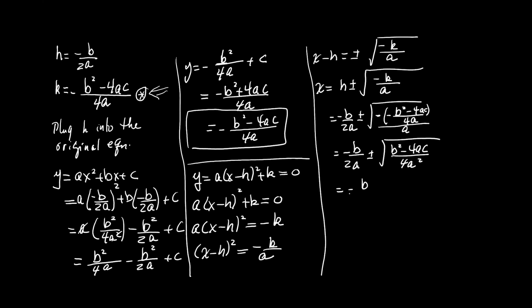It's negative b over 2a plus or minus. Now here I have a fraction under the square root, so it's the square root of the top over the square root of the bottom. This is 4a squared. Well, what's the square root of 4a squared? It's just 2a.